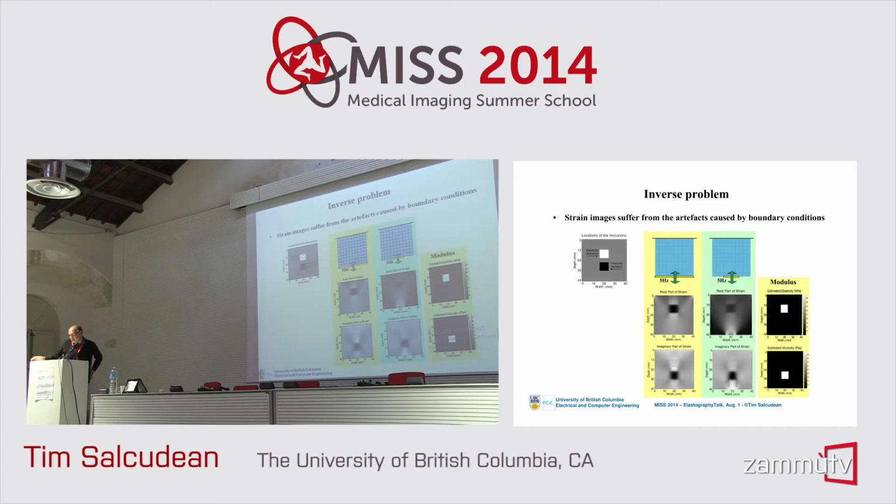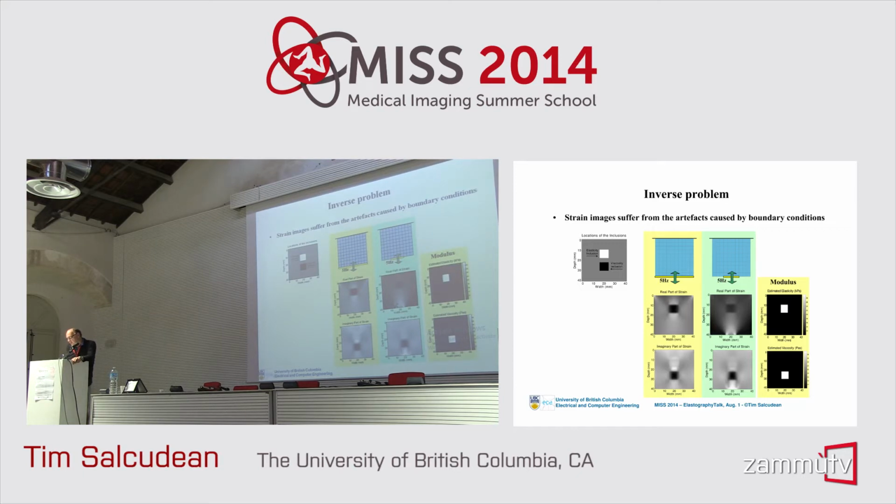Now, strain images suffer from artifacts. These are caused by boundary conditions. If I press a phantom which has a stiffer and a more viscous inclusion with a wide plate or a narrow plate, the response is not the same.